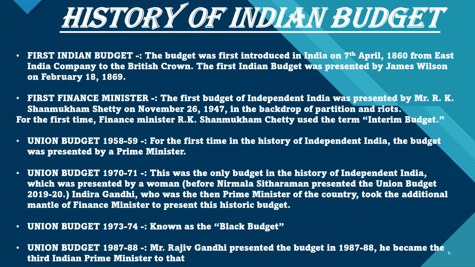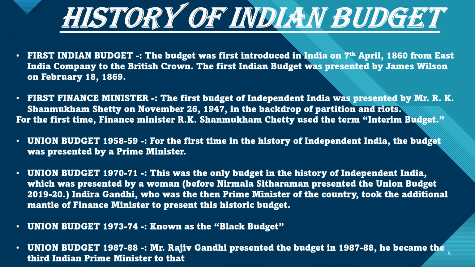So first being the first Indian budget. The budget was first introduced in India on 27th of April 1860 from East India Company to the British Crown, and the first Indian budget was presented by Sir James Wilson on February 18, 1869.